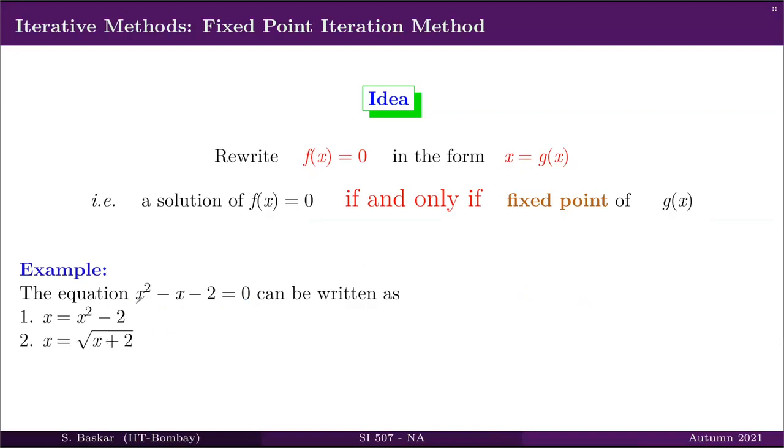Not only this, our given equation can also be written as x equal to root of x plus 2, in which case our g of x is root of x plus 2. In fact, there are many other ways that we can write this equation in an equivalent form x equal to g of x. Okay, once we choose one of these equations, then we have to set up an iterative sequence.